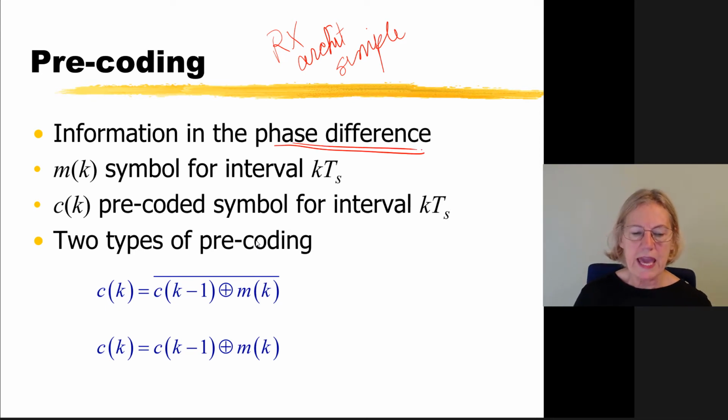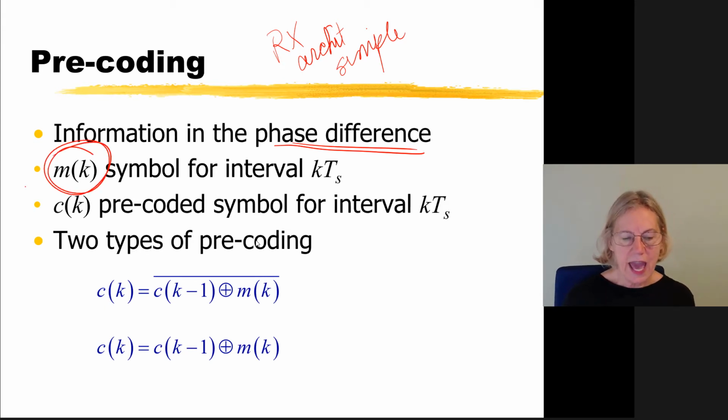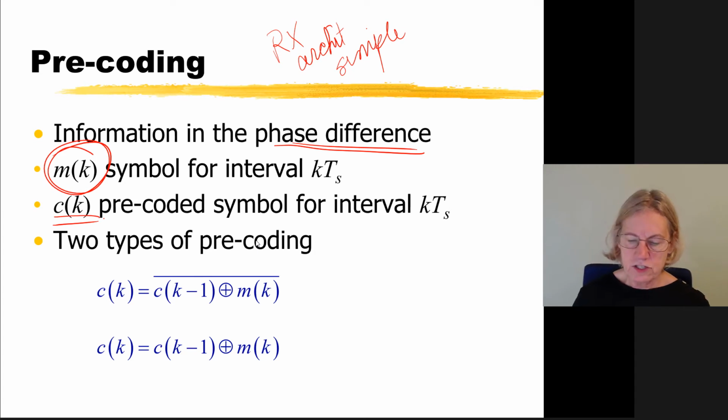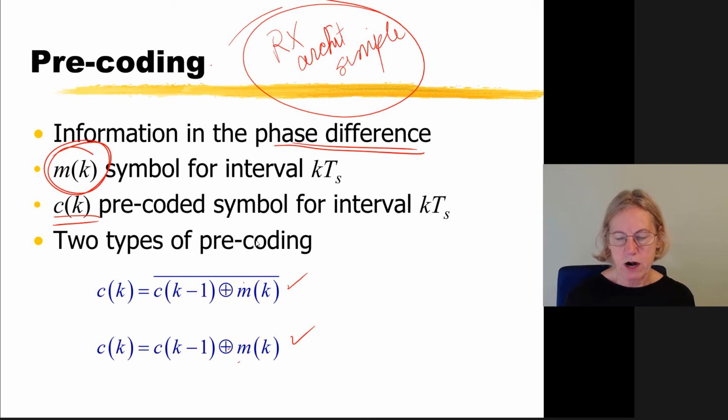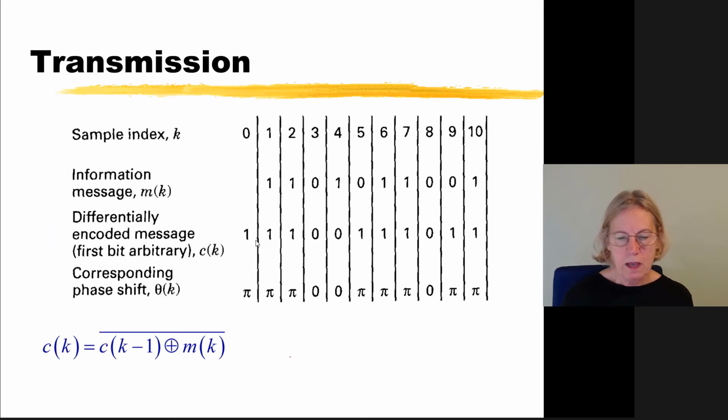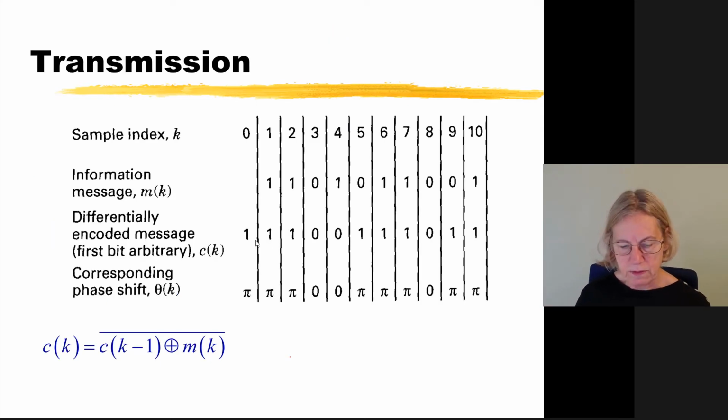If M_k is the actual symbol I want to send, then C_k would be what I actually put out on my phase modulation. There are two types of pre-coding that give you the same thing. Both approaches will yield a very simple receiver architecture. It's an exclusive OR operation or the opposite of exclusive OR. They're equivalent. I'll go through it quickly just so you get the idea of what's going on here.